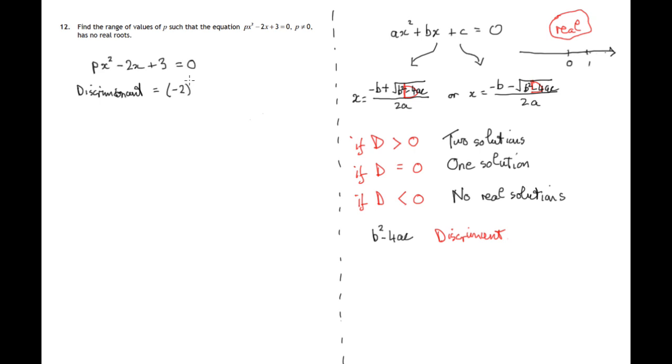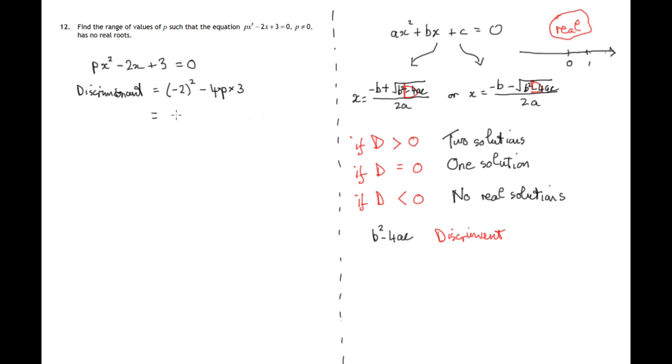It's the number in front of the x, which includes the negative. So it's b squared minus 4 times a, the coefficient of x squared, that happens to be p, times c. c is the constant term at the end, which is positive 3. So it's 4 times p times 3.